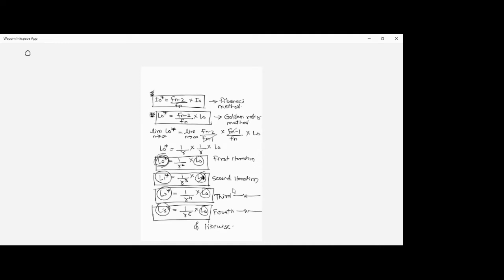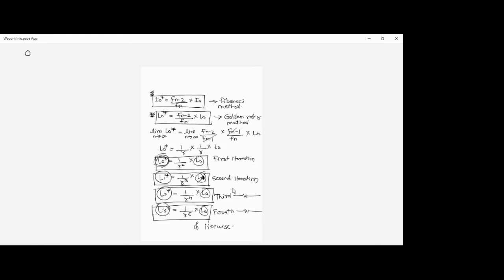Otherwise, in the Fibonacci method it is somewhat different, right? In the Fibonacci method, if we find I1 star, in the formula we use I1, right? But here it is not the case, so I have used different symbols so that you don't get confused between the Fibonacci method and this particular method.